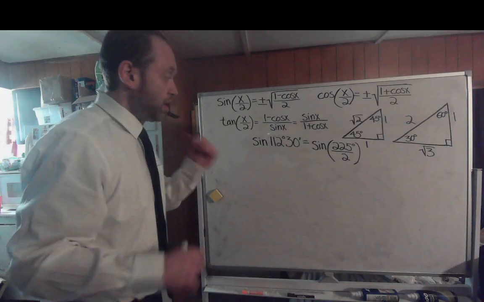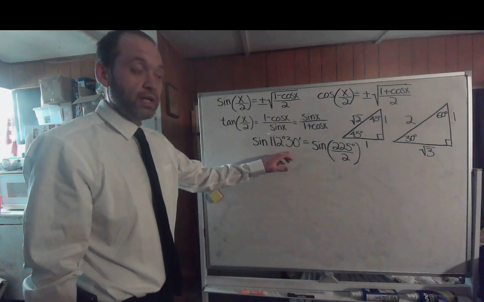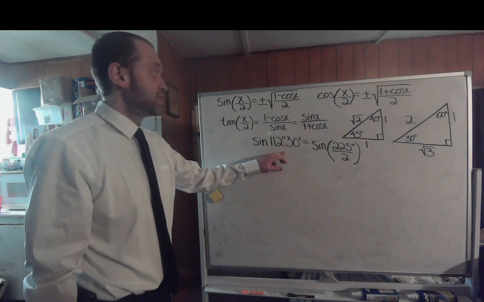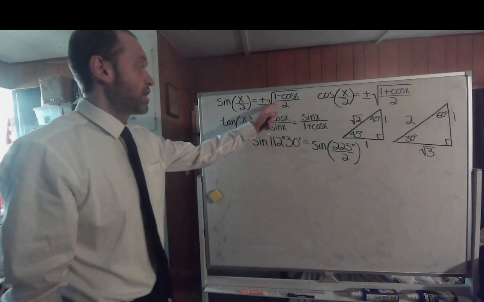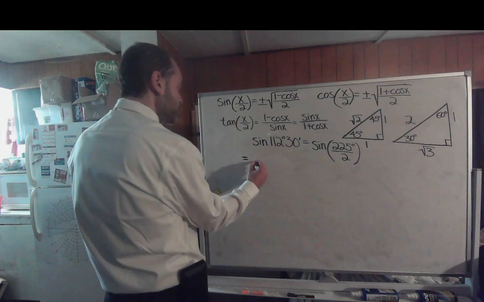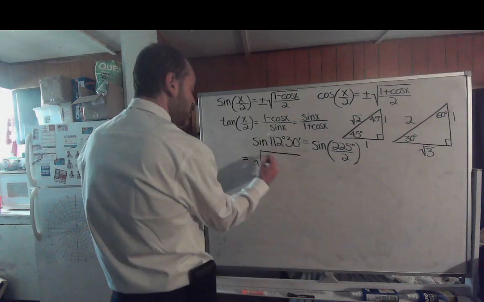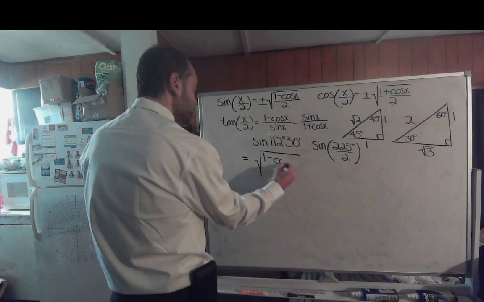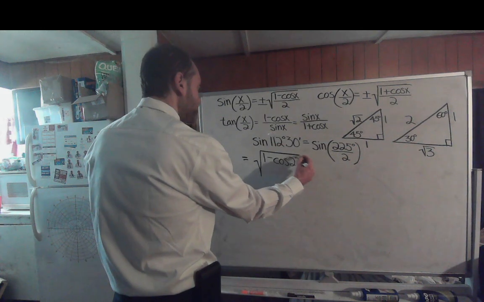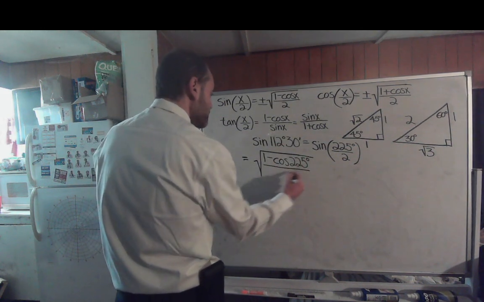Now, 112 degrees and 30 minutes, that's in the second quadrant. So we're still going to take the positive square root for our sine function. So this would equal the square root of 1 minus the cosine of 225 degrees all over 2.